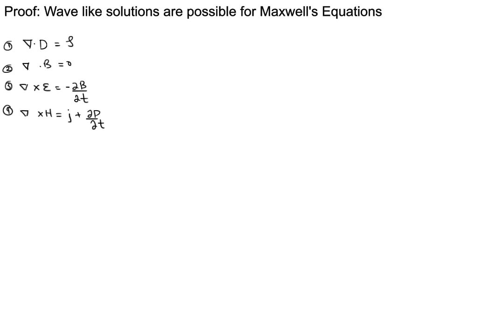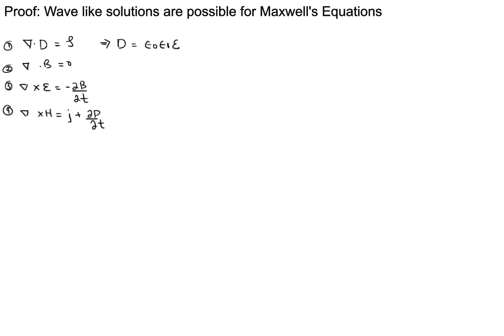And in these four equations, in the first equation we have rho, which is the charge density, and D, which is the electric displacement, and it is written as D equals epsilon naught epsilon r E, where E is the electric field, epsilon naught is the permittivity of free space, and epsilon r is the permittivity of the material, and here B is the magnetic field.